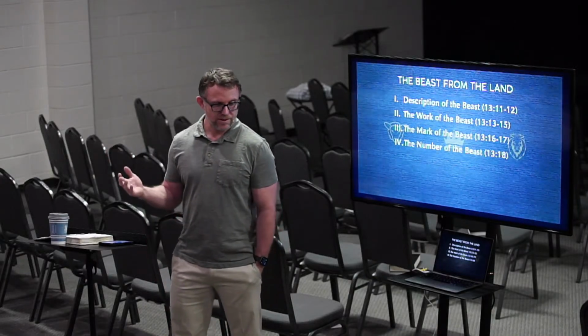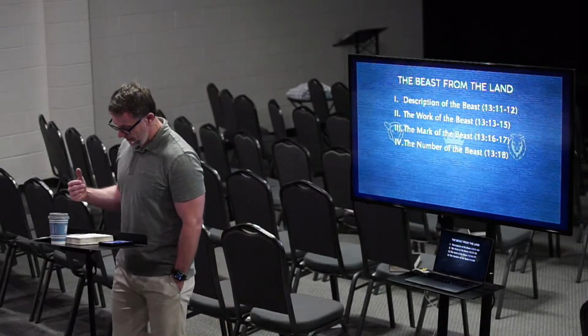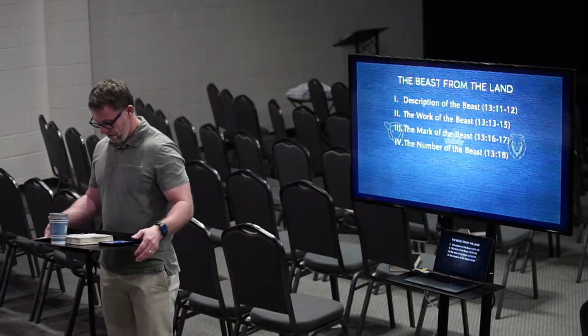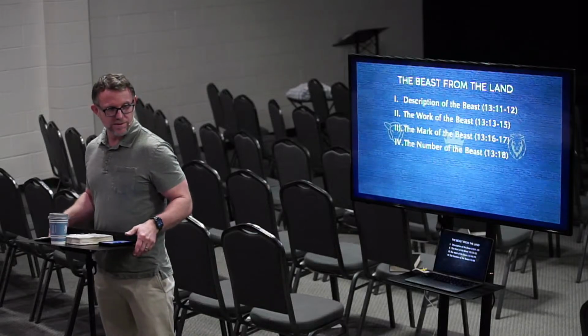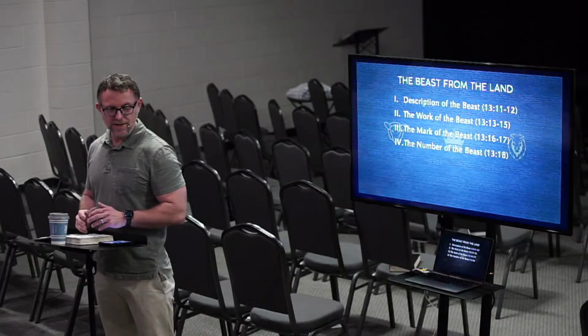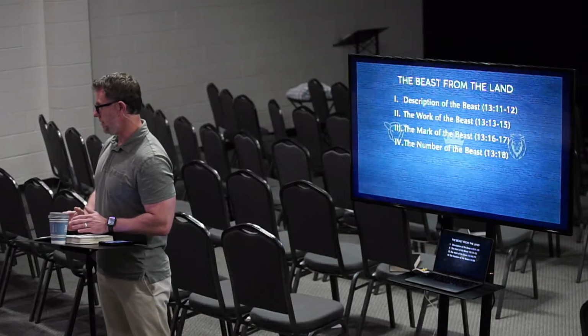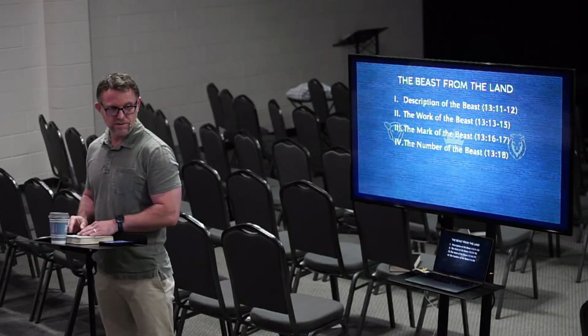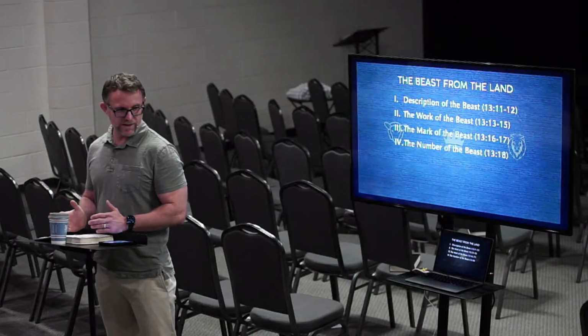So what John is saying here is, be understanding, be wise, and recognize the difference between these two beasts and the true Christ. Know the difference. That's at least how I understand it.